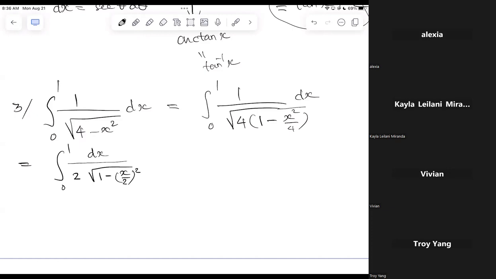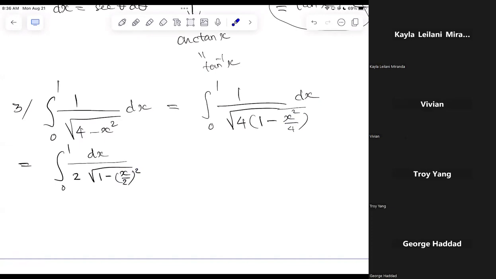Square root of 4 is equal to 2, and x squared over 4 right here, I can write as x over 2, everything squared. You guys with me in this step?